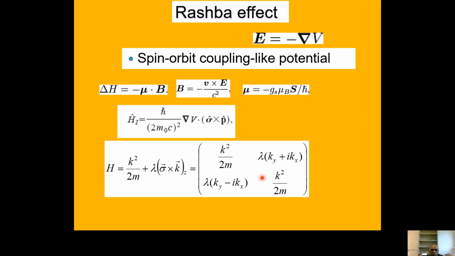So if you write this way, you can easily write this Hamiltonian like this.